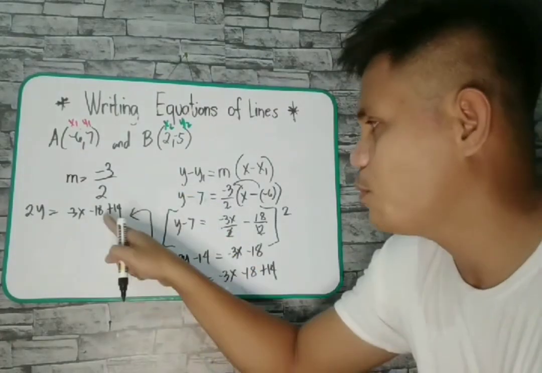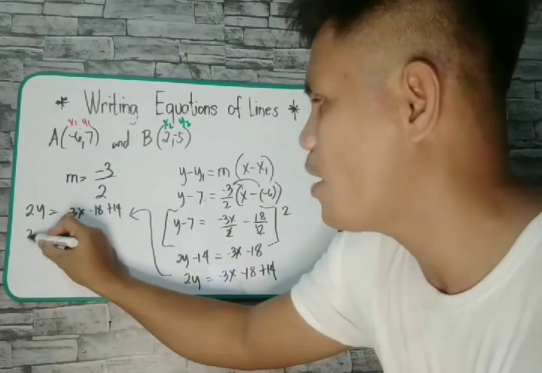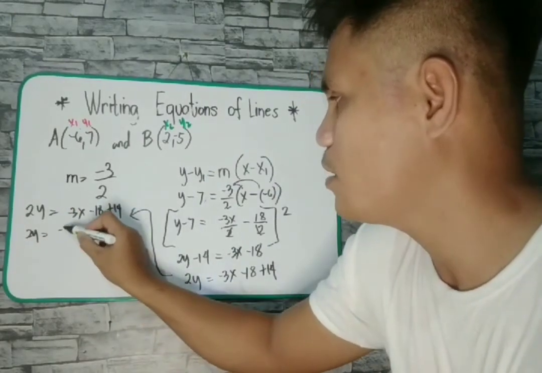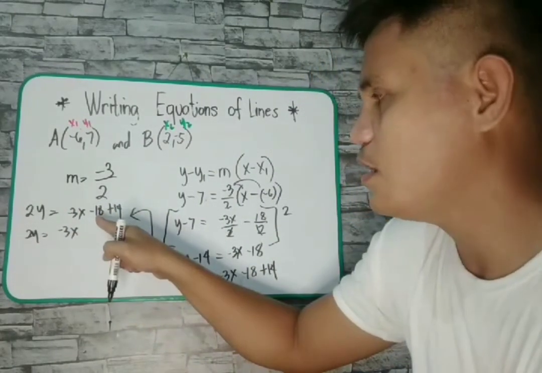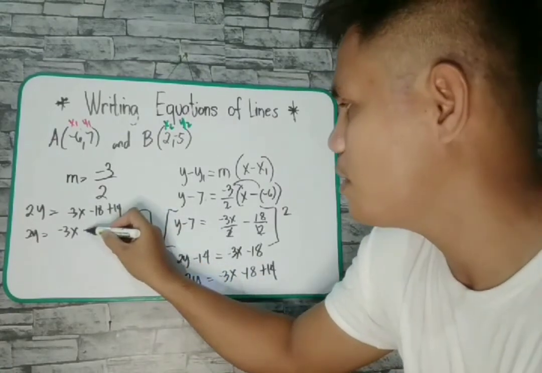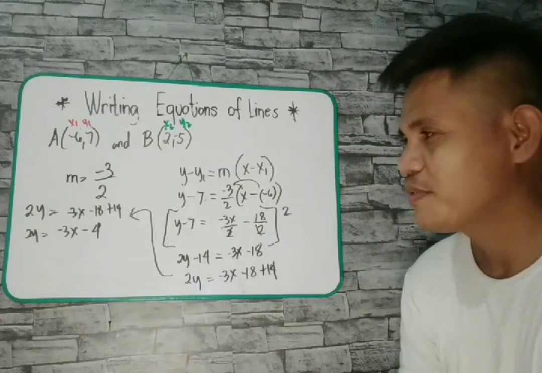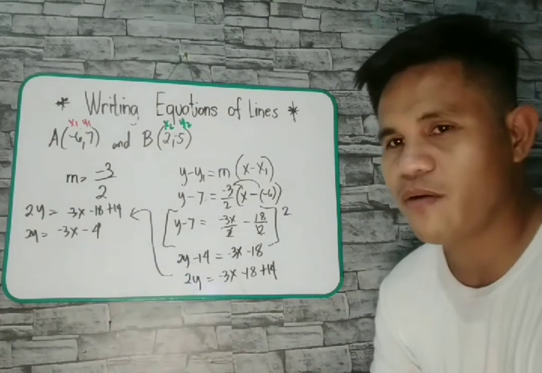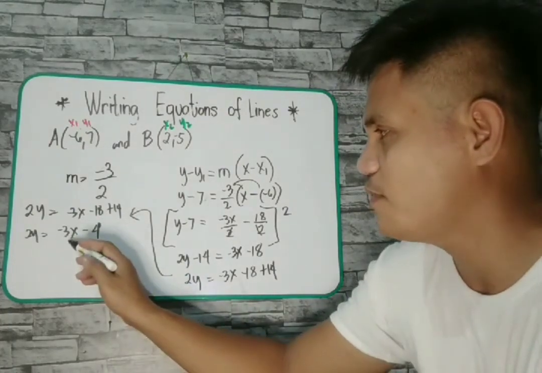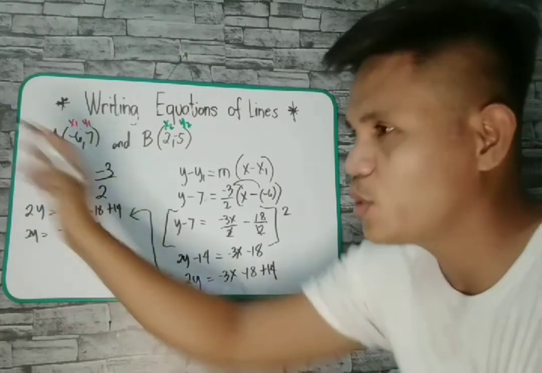So we have to combine this. That will give you 2y is equal to negative 3x. Negative 18 plus 14, that is negative 4. To finalize our equation, we have to transpose negative 3x from the right side to the left side.